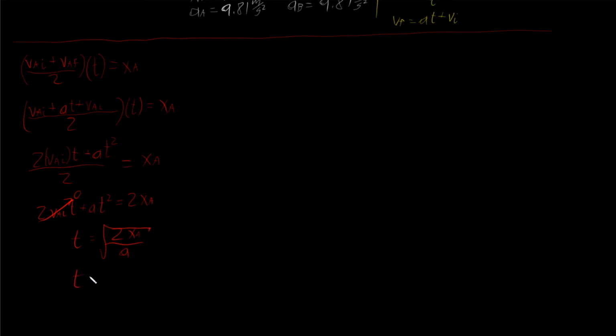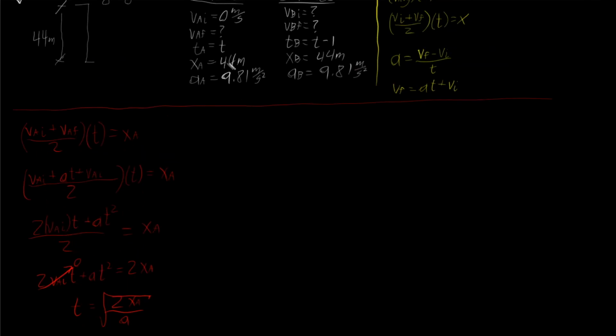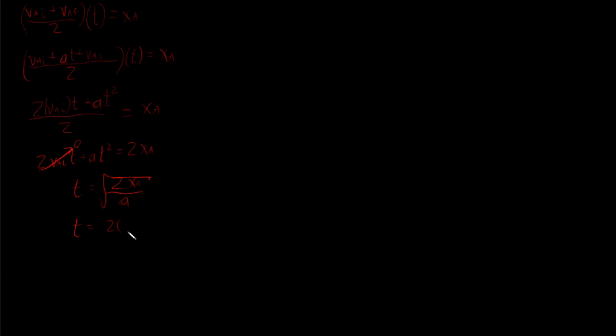So let's plug in these values and see what we get for t. So 2 times, what's the distance that stone A travels? That is 44 meters. Divided by the acceleration, which is 9.81 meters per second squared.